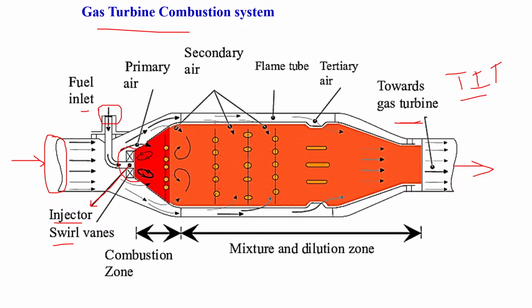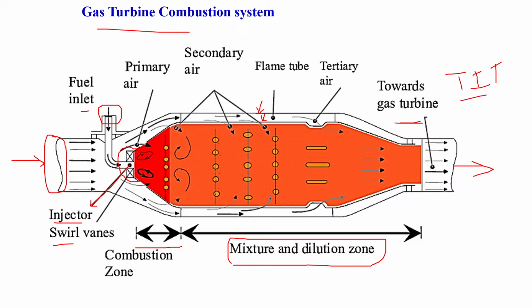This is the liner, this is the outer casing. Here we can see the burner, swirler, injector, and this is the mixer and dilution zone. I already mentioned, this is the primary combustion chamber. So this is the typical gas turbine combustion system.